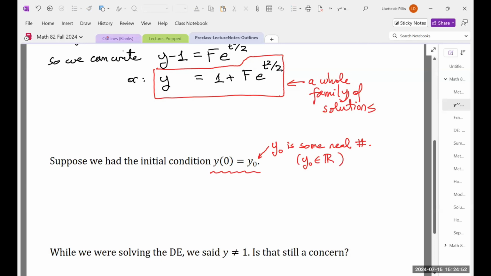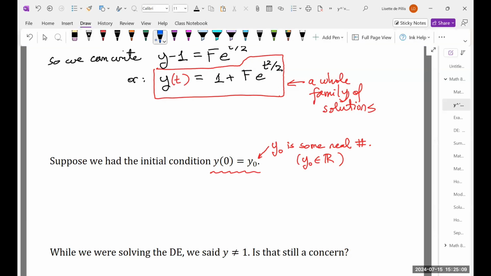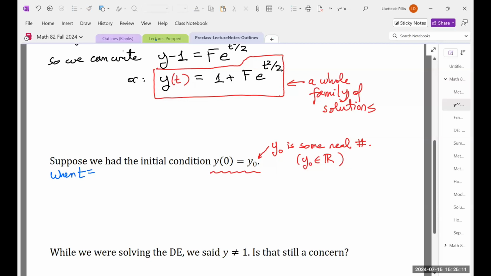Okay, so what does that mean? At time 0, our function y of t, remember this is really a whole function of t, reduces to this particular constant. So this means that when t equals 0, y of 0 is just this y naught.